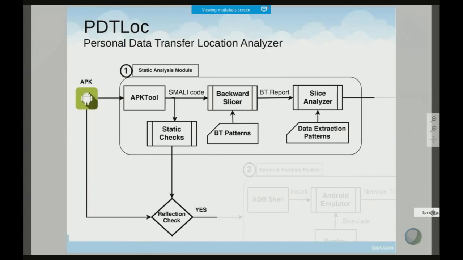In this way, we can filter out the other flows, because usually the approaches that analyze code to see privacy leakage consider anything going out of the app as a leakage. But here we just look for a particular case, which reads the information from the phone, goes through the app, and then transfers it to some server. We want to find the physical location of the server. So in this way, we analyze it in a backward manner.